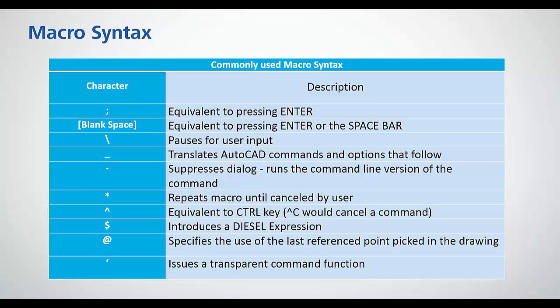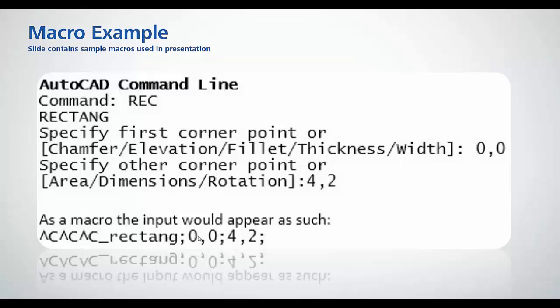The backslash here, third item down, this pauses for user input. So, for example, in this macro here, if I want the user to be able to enter their own coordinates, I'd put a backslash here, followed by Enter, followed by a backslash, and Enter to finish that command.